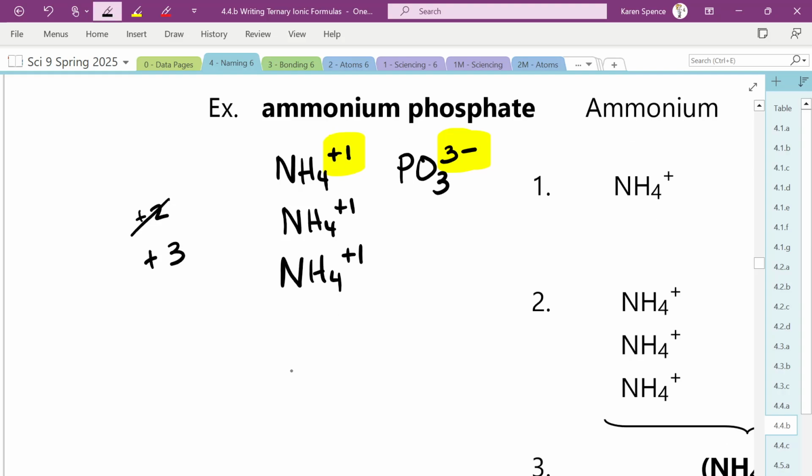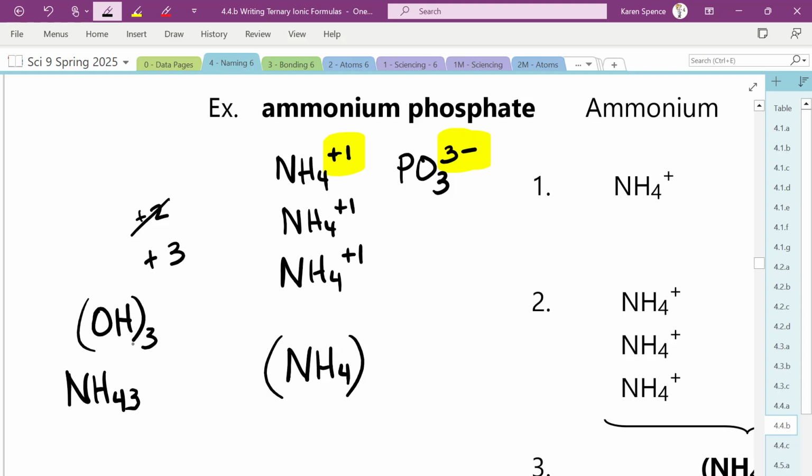And now I have 3 NH4s. You're never going to forget to put this one in brackets because if you were to do NH4, 3, it would look like NH43, which would be crazy, right? It's only when you have something like OH and you need 3 of them that you need to really think about putting those brackets there. Okay, so this one has 3, and then PO3.